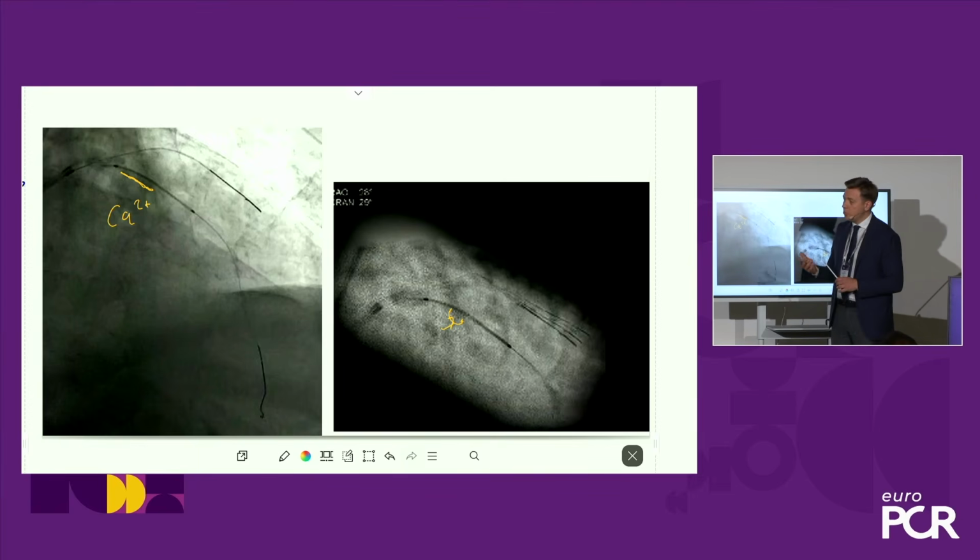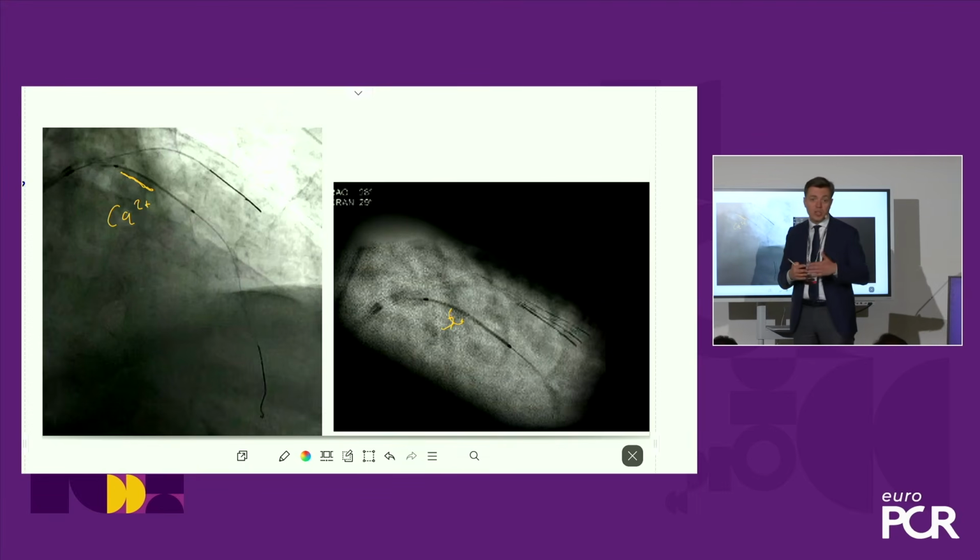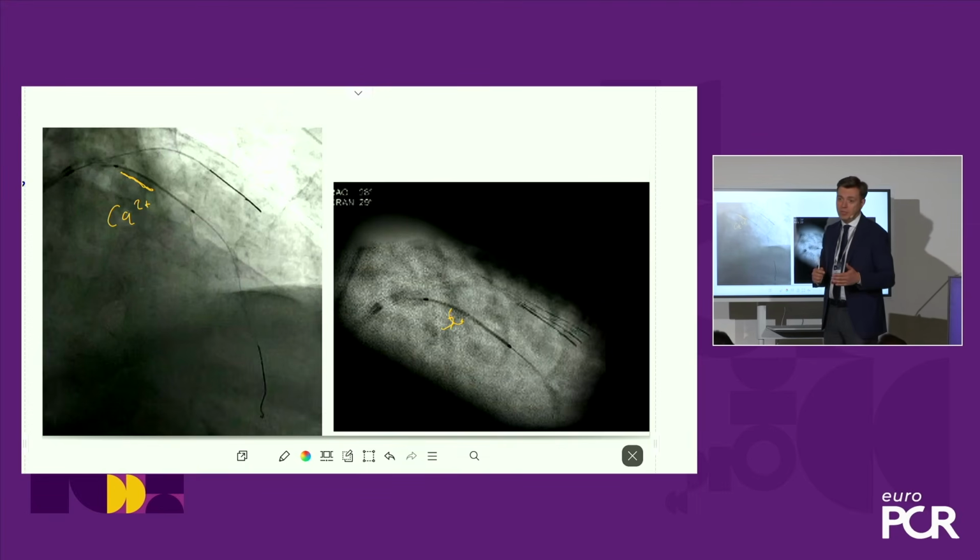So I think it's also important to utilize tools like stent enhancement and the roadmap, where you can have instantaneous guidance. And here it was important to remember that your landing zone is going to be just proximal to the calcium. So you don't have to give another contrast to see where you are with your stent.